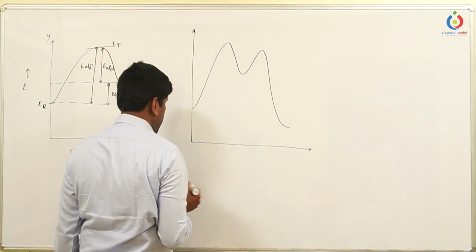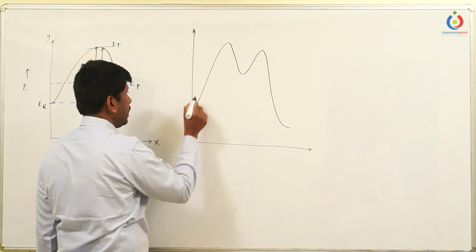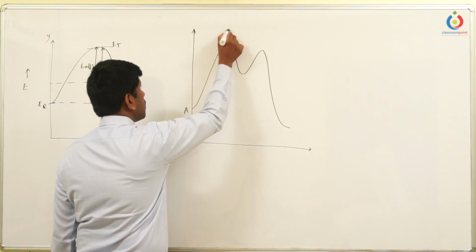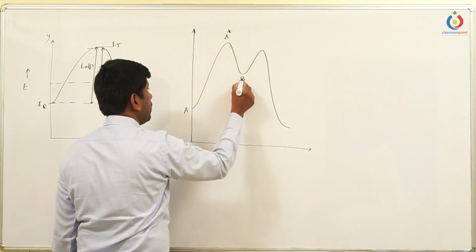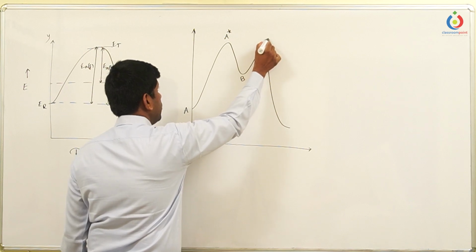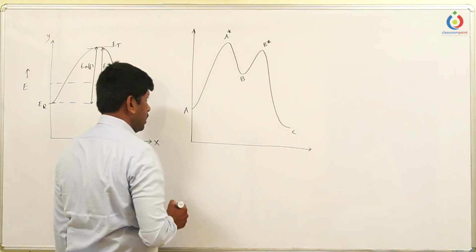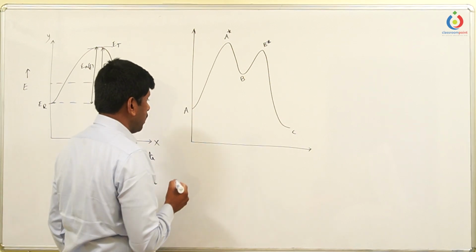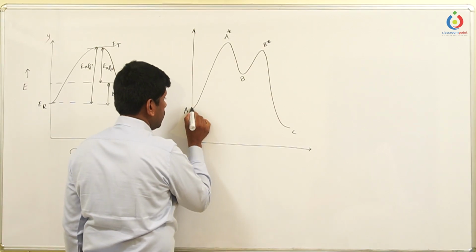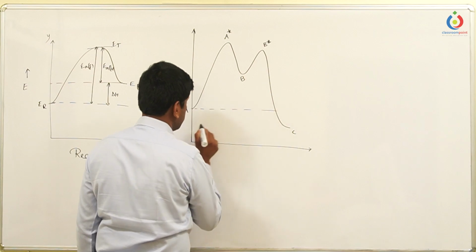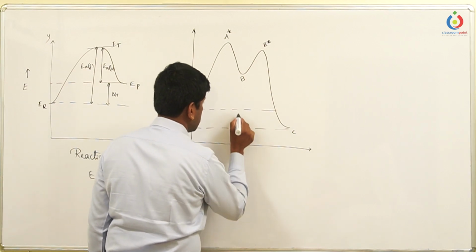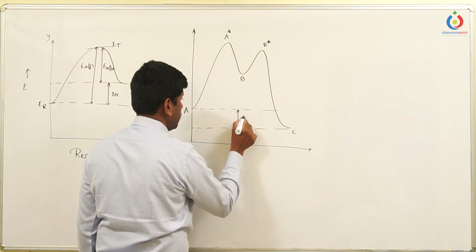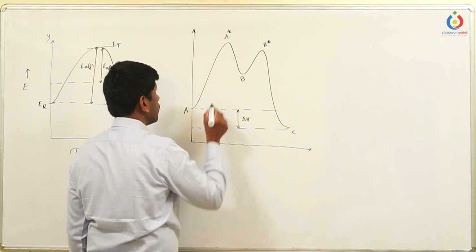Let us see, our diagram is given like this. A becomes A star. They have given B, B star, and finally C. So here two activation energies are available for the forward reaction. You can see this is the energy of the reactants and this is the energy of the products, the difference being delta H of the reaction.